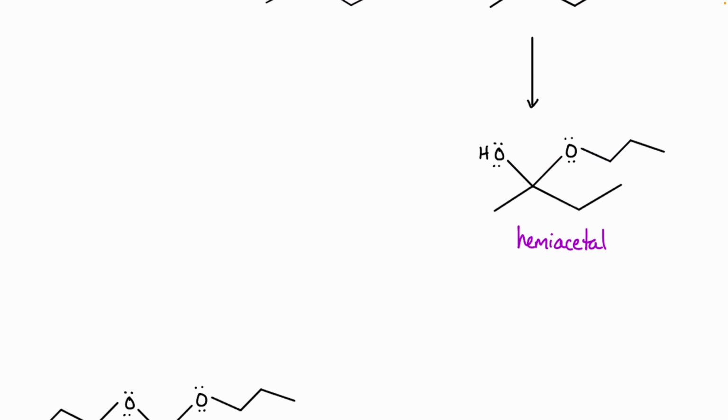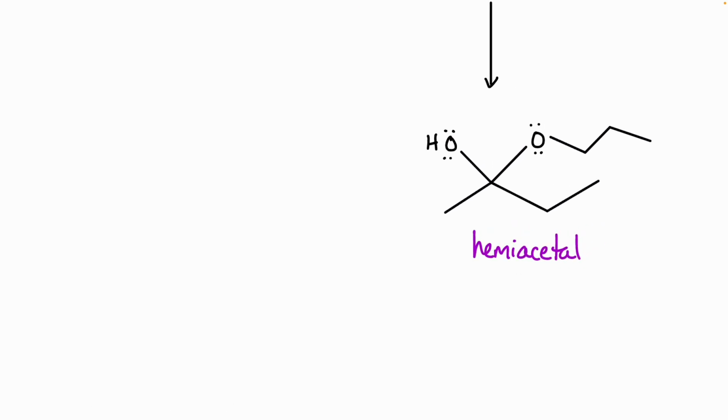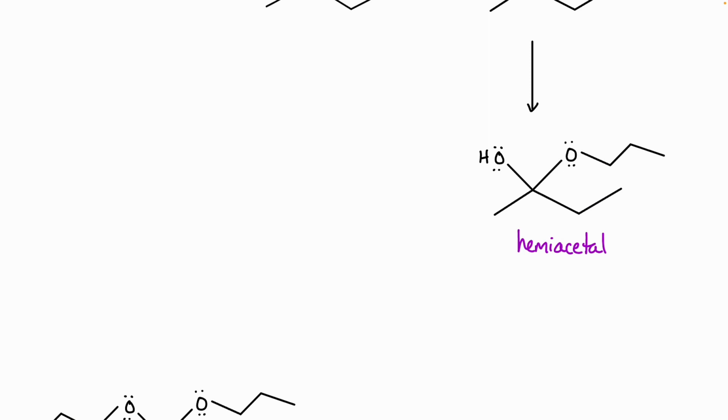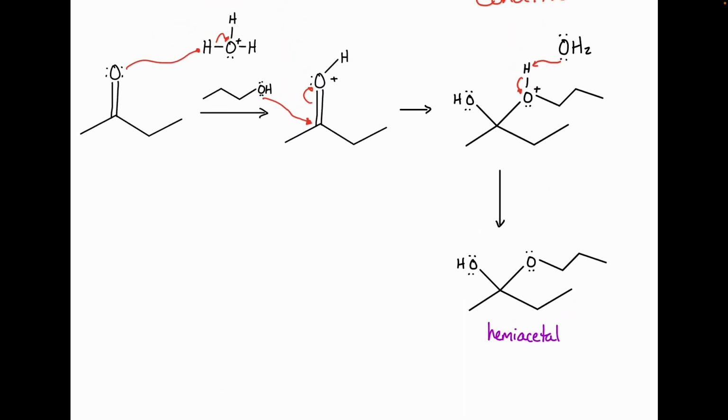But if we're going to continue, we need to get rid of this OH group and replace it with another alcohol group, okay? First of all, it's going to be really hard to kick off as is because hydroxide is a terrible leaving group. So what strategy do we have for getting rid of these hydroxyl groups that's going to work especially well given the conditions of this reaction?